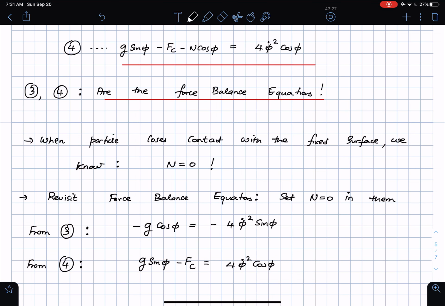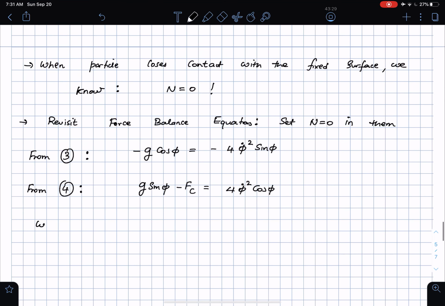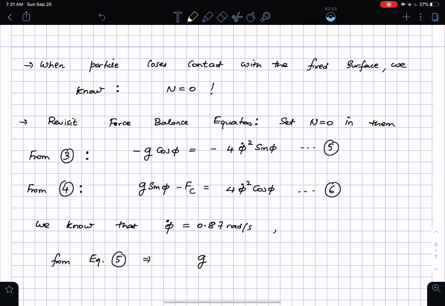Now we know already that phi dot is 0.87 radians per second. Call this equation 5 and this equation 6. From equation 5, let's say g is 9.8 meters per second square.